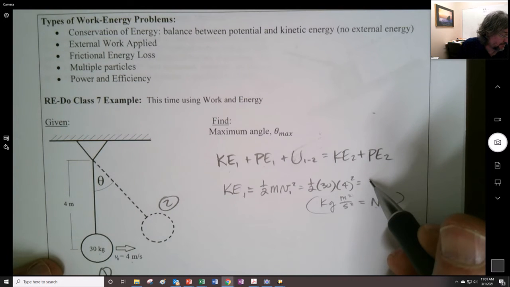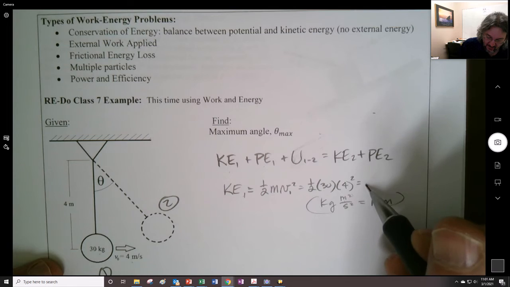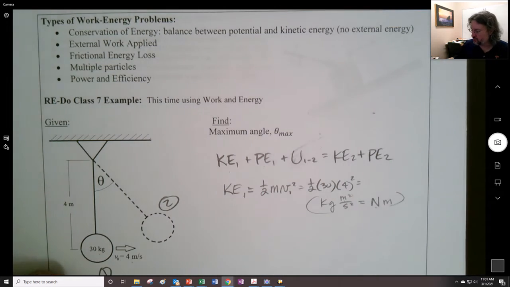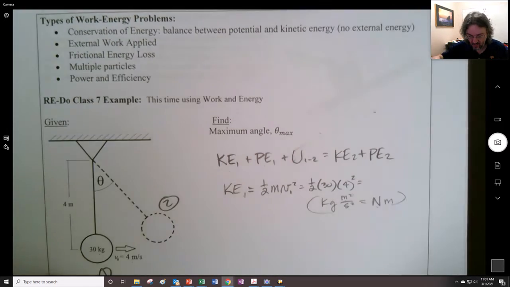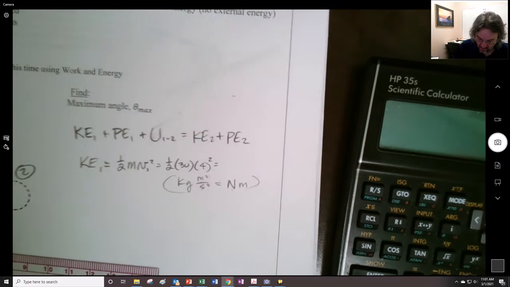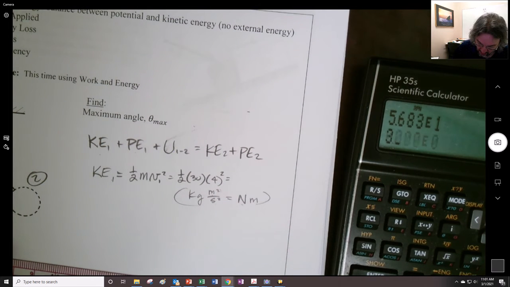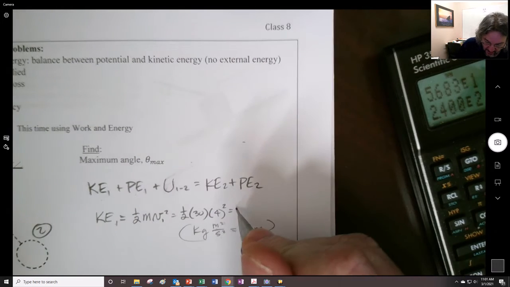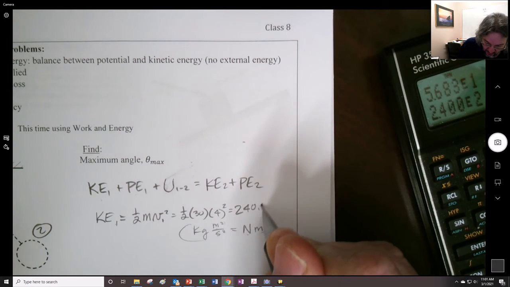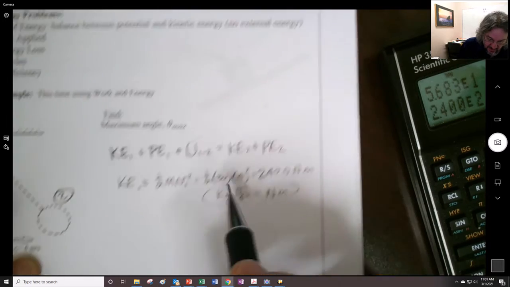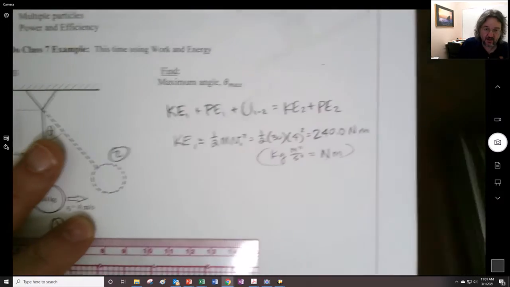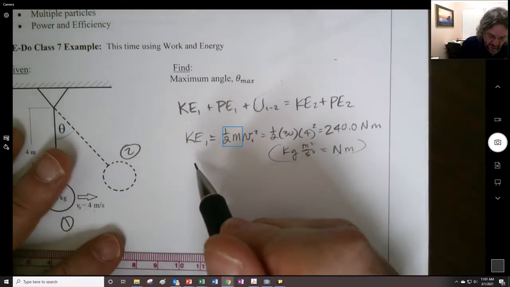What we end up finding as part of this, I'm going to leave it as a variable right now. We could find out the value, but I didn't do it in my example, and I maybe should have. We got 30 times 16 right here, so we had 240 Newton meters. But I might keep it as variables as I go down below, just to be aware.